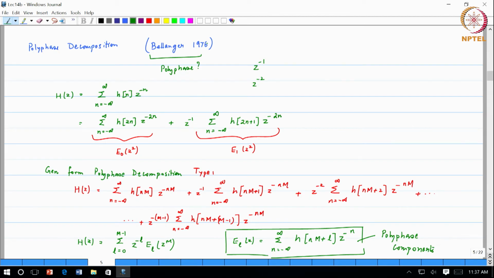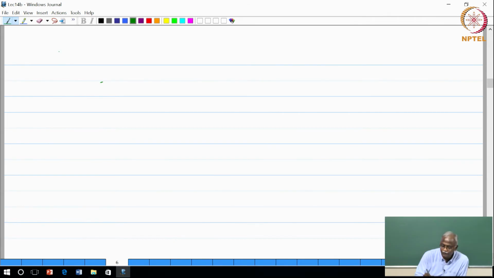Now, I would like to introduce the second version, which is not used as frequently, the type 2 polyphase decomposition. It is useful for us to keep that in mind, and occasionally when we use it, I will highlight that it is a type 2 representation. Type 2 polyphase decomposition is, again, for introducing certain symmetries in the structures.